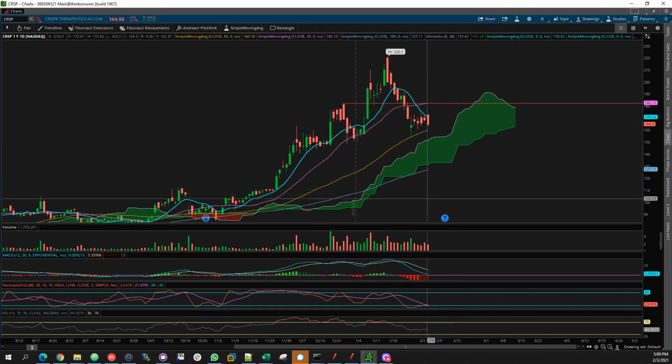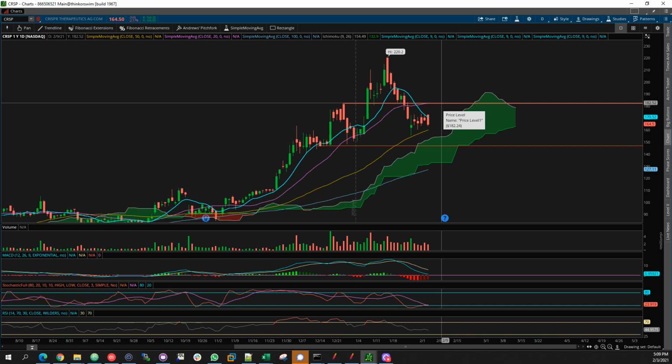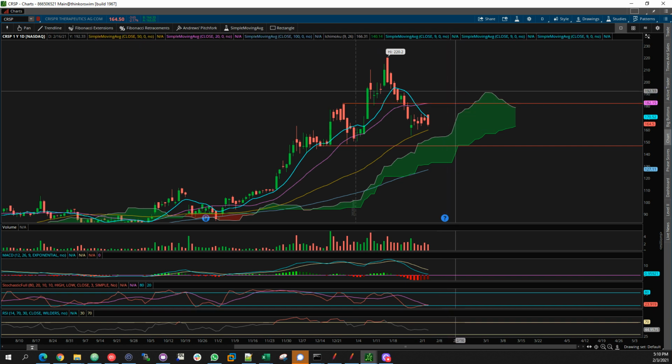So this is a name that you have to watch, especially this level right here. This level, 147, I believe is what the neckline should be. So this could go up to 182, but then again, I see a clear sign of a head and shoulders here. If it breaks above, yeah, that's good.